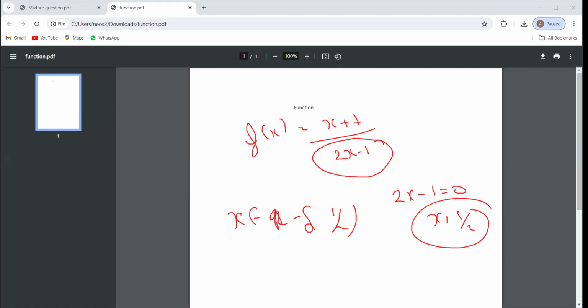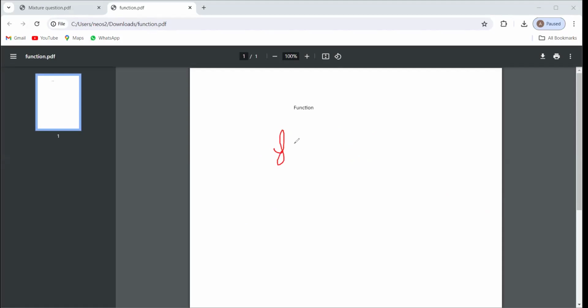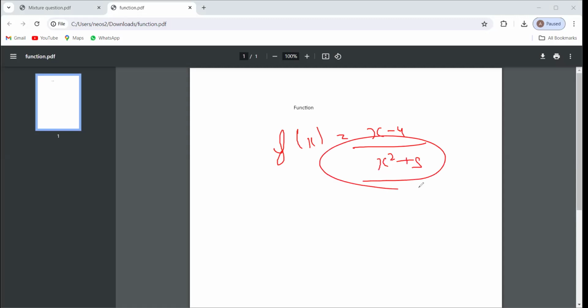Now tell me the domain of this one. It is all values of x. Why? No matter whatever you put, the denominator can never be 0.